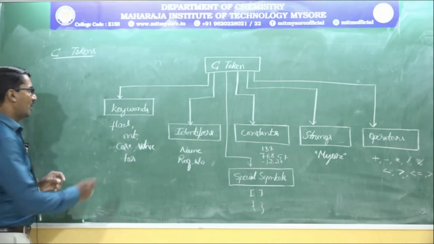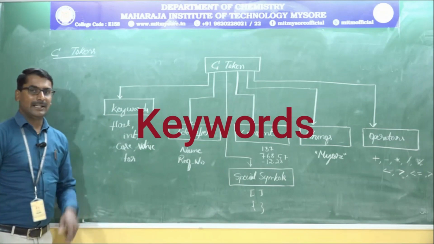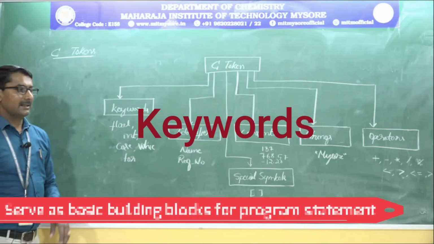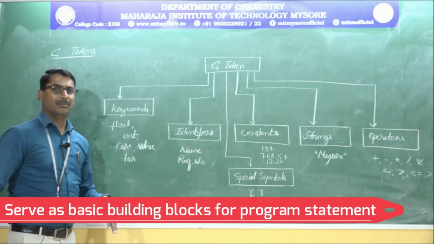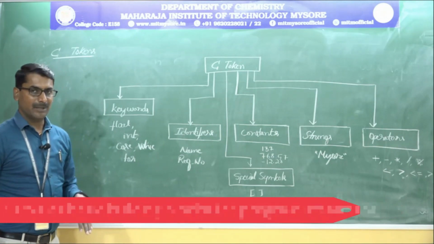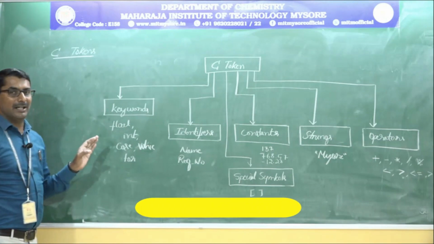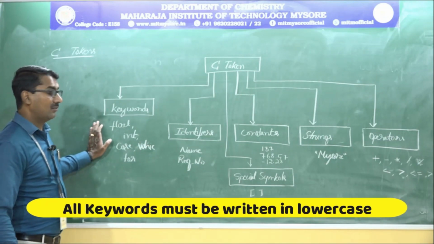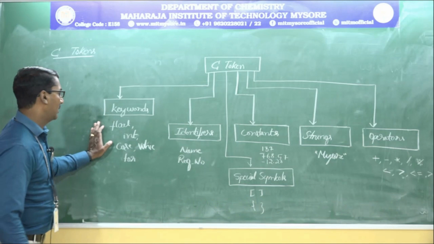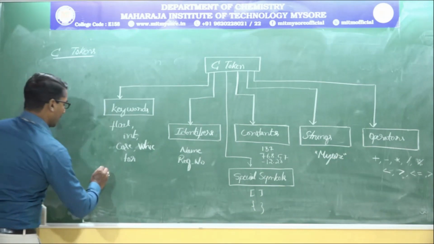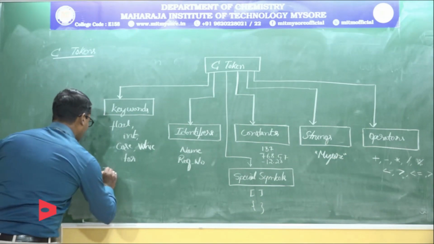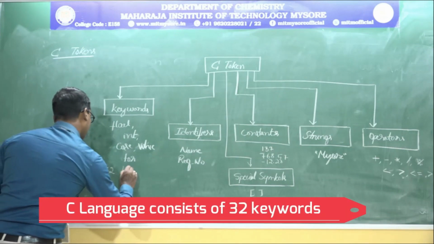First we move on to keywords. Keywords are words that have a particular, specific purpose. All the keywords in C language are in small letters. C language consists of a total of 32 keywords.